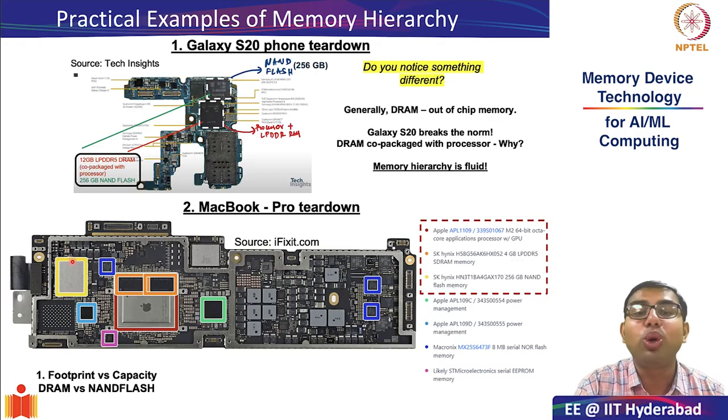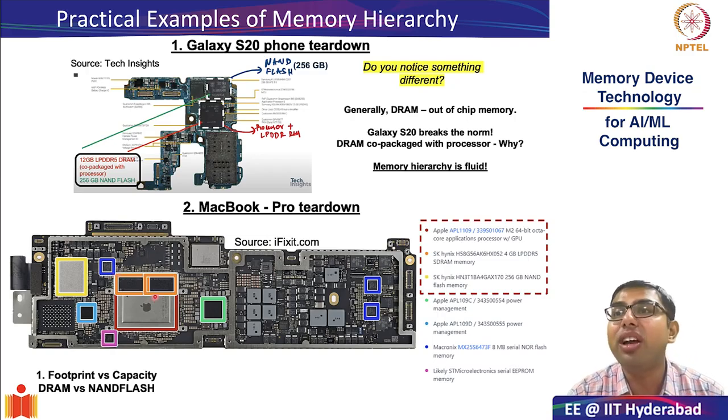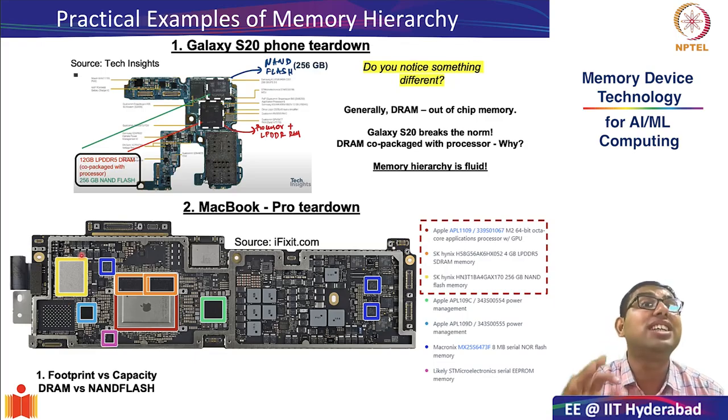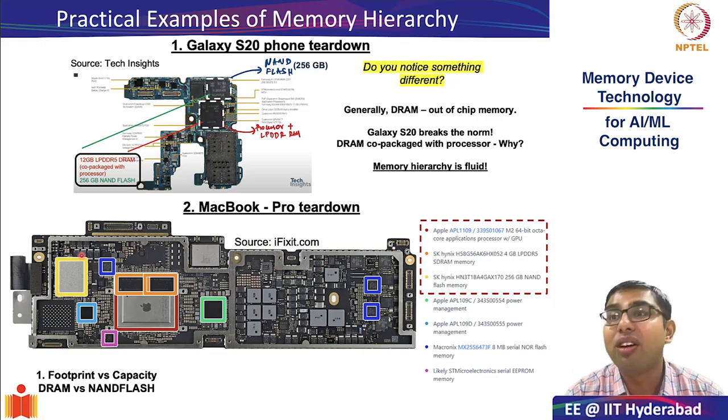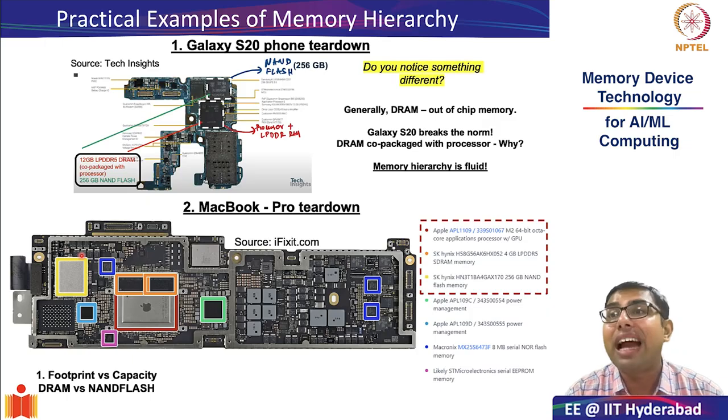If you have been following the course very clearly, you will see that it looks like the footprint or the area consumed by just two chips of 4 GB each of main memory DRAM is comparable or even a little bit more compared to the 256 GB NAND flash. Why is this happening? Please recall, when we were comparing the NAND flash and the DRAM, we saw that the bit density of NAND flash is generally 8 times.